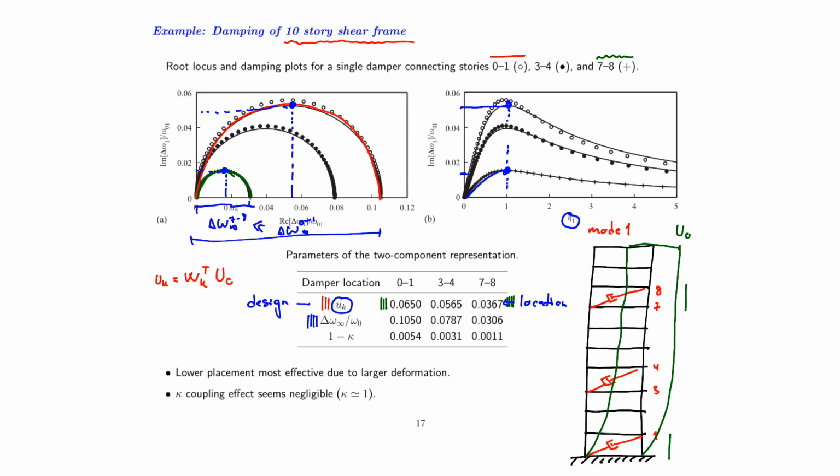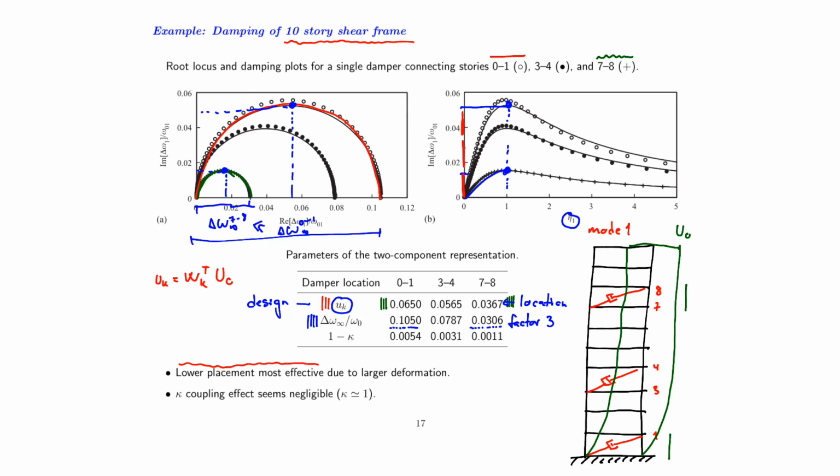So we get much more damping by placing the damper between the two bottom floors than we obtain by placing it between the floors 7 and 8. And there's actually a factor of 3 between them, and that is approximately also what we see here. So there's roughly a factor of 3 between the imaginary parts of the natural frequency for these two locations. So the lower placement is the most effective.